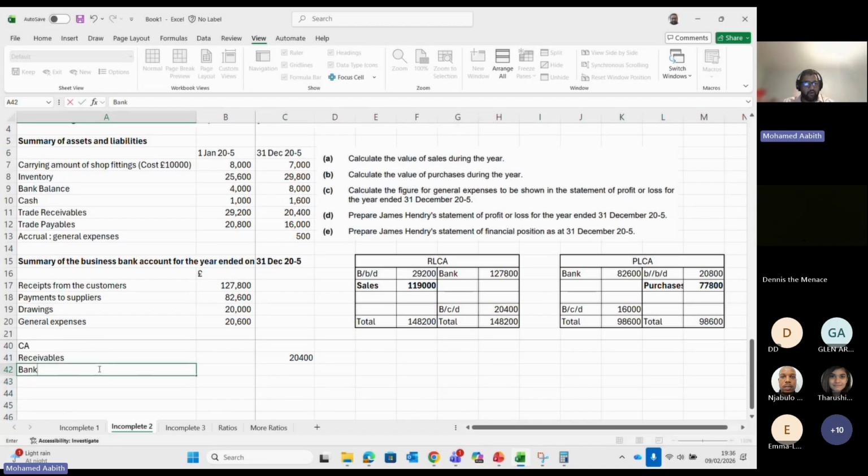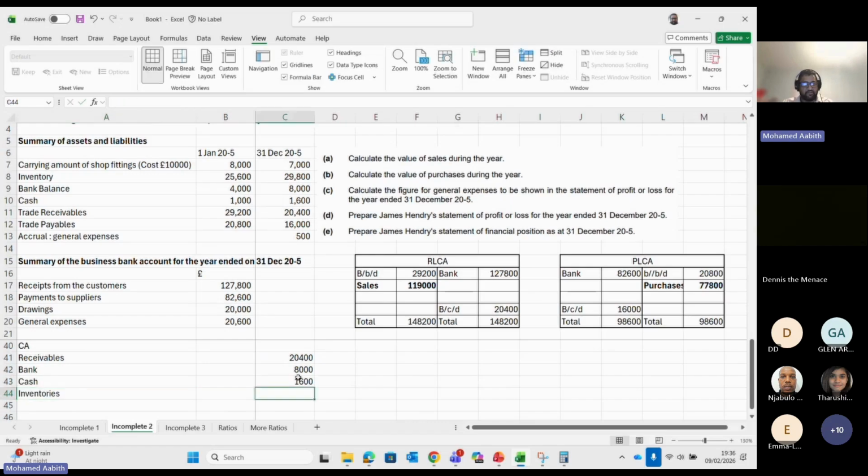The bank account balance: how much is the bank account we have there? £8,000 is the bank balance. We have cash figures of £1,600. Hold on, I'll put it here, £1,600. And any other, we have inventories.